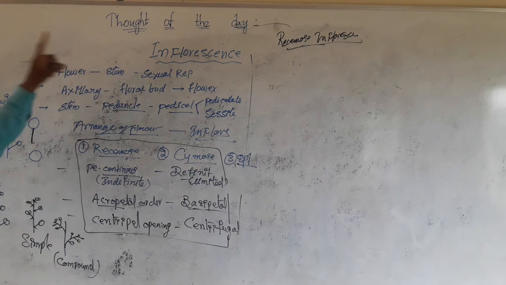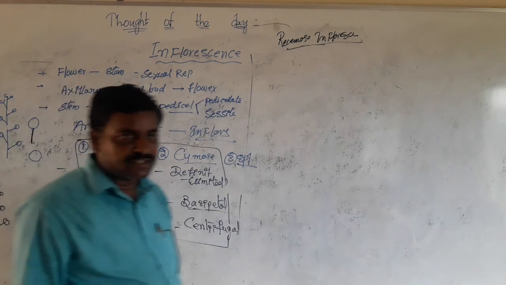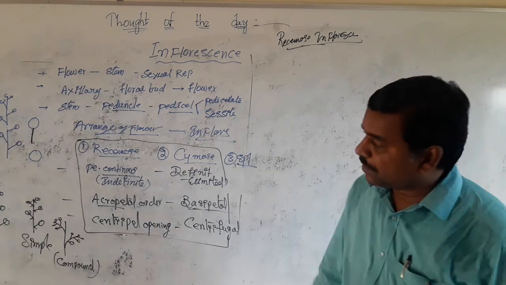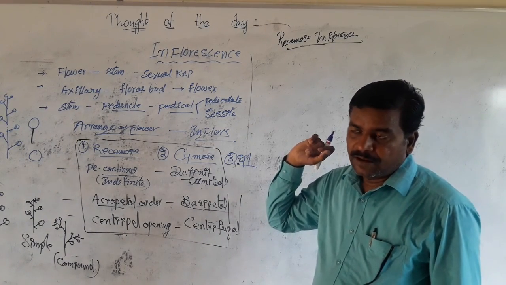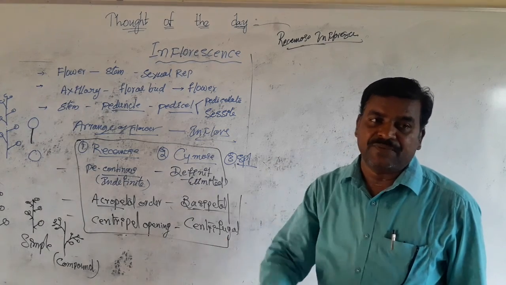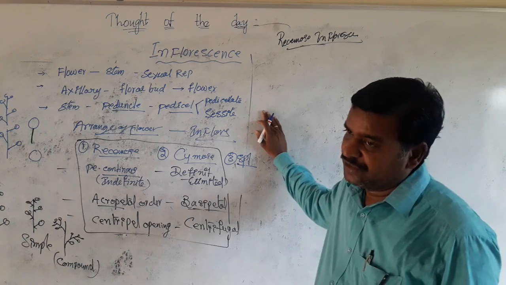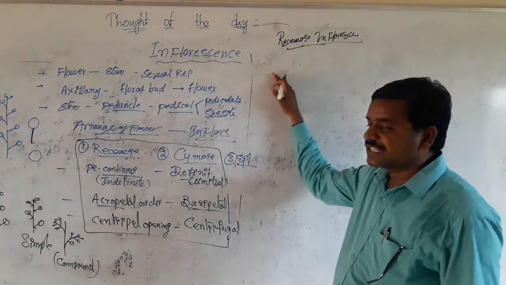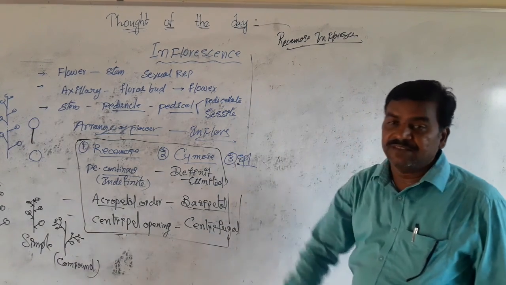So racemose inflorescences are divided into 2 types depending upon the presence or absence of pedicels for flowers. Flowers with pedicels are called pedicellate flowers. Flowers without pedicels are called sessile flowers. So some racemose inflorescences contain pedicellate flowers, some contain sessile flowers.